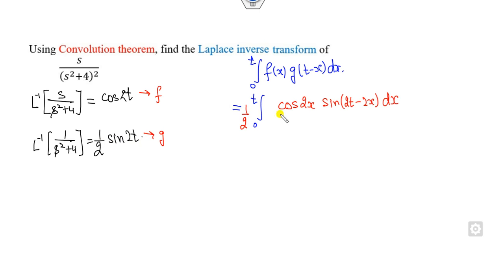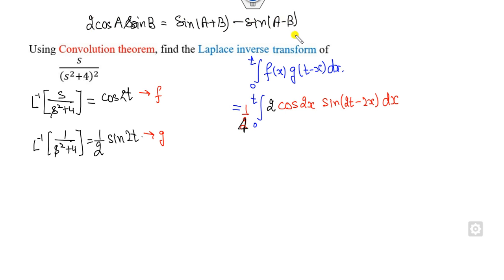So how can you solve them? I can multiply by 2 divided by 2, it's a 4. Again I can use it as 2 cos a sine b. So what is the formula for this? It is sine a plus b minus sine a minus b. So 1 over 4 is outside, 0 to t, it will be sine a plus b.